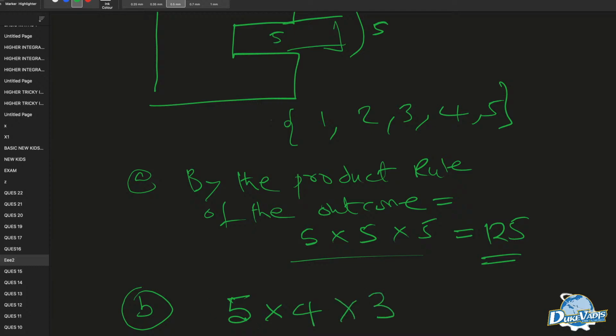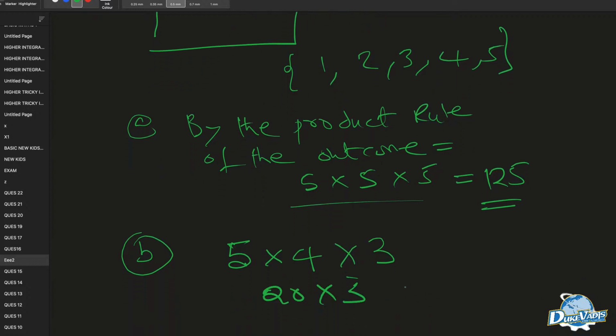This will give us 20 times 3, which is 60. So that is all the necessary possibility.